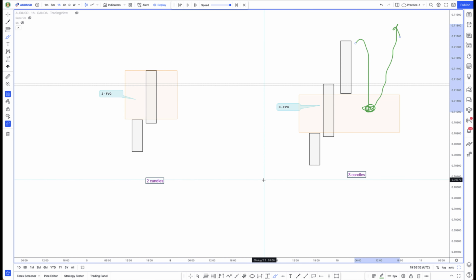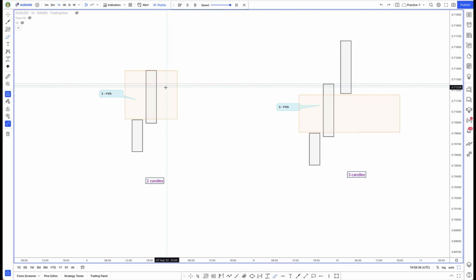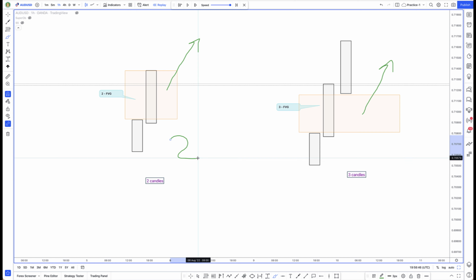The important thing to note here is both are providing bias to us, bullish bias in this case, bullish bias in this case as well. However, this provides the data in only 2 candles, while this requires 3 candles to print. So if you were trading this, let's say on a 1 hour or a 4 hour candlestick chart, you can obviously see the benefits of thinking about a 2 candle fair value gap.